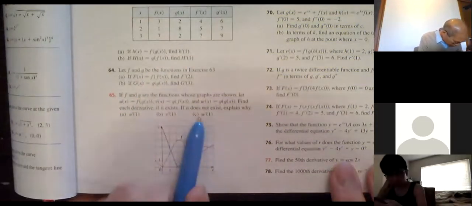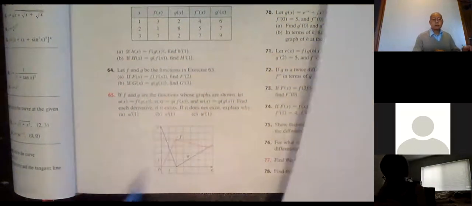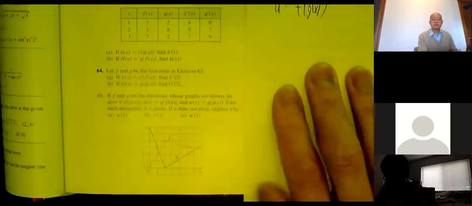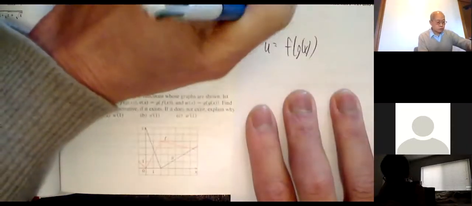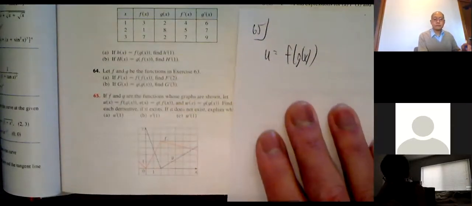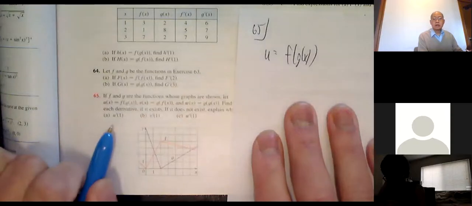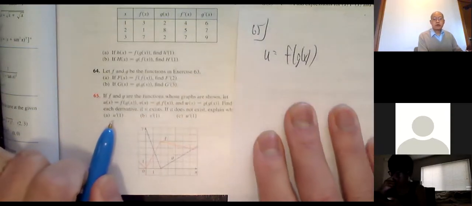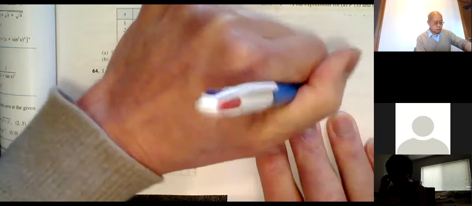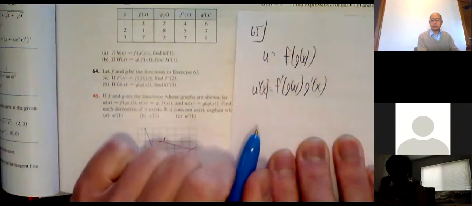Okay, so they have U, V, and W. So U is f of g of x. So they want u prime of 1. So u prime of x is f prime of g of x times g prime of x.